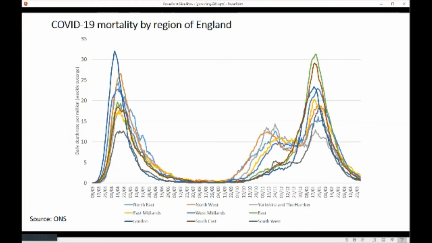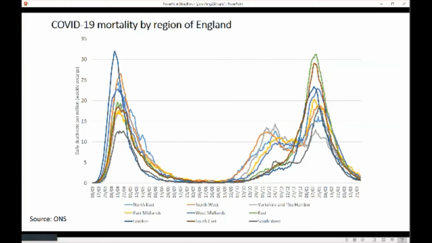In the first wave, London has the highest mortality rate, followed by the Northwest. The mortality rate for London is actually over 3 times higher compared to the lowest, that's the Southwest.